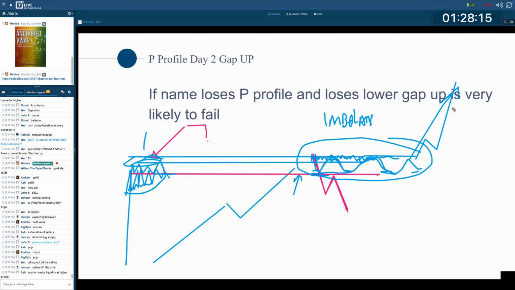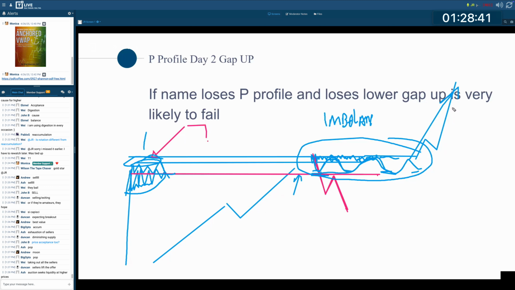So when you have a day one P shape, the thing that you're looking for on the gap up is: are the value area high and point of control on that retest going to be respected or not? It's very common after a strong P-shaped profile for there to be a retracement.